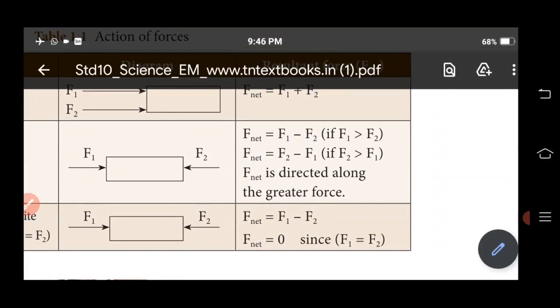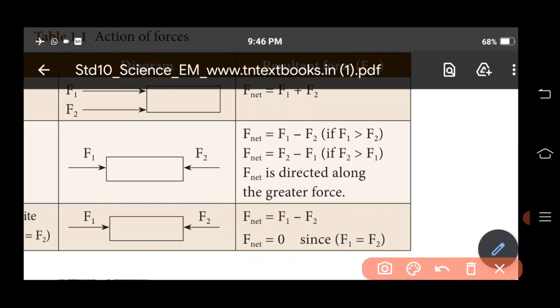Now we are going to calculate the total net force acting on the object. The first one, F net equals F1 minus F2, if the F1 force is greater. And then the second one, F net equals F2 minus F1, where F2 force is greater.